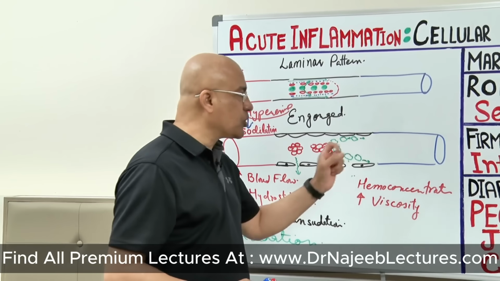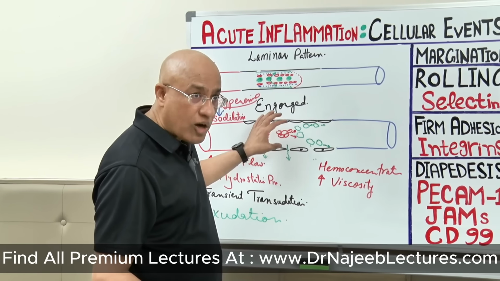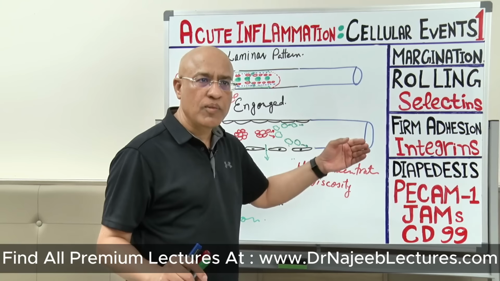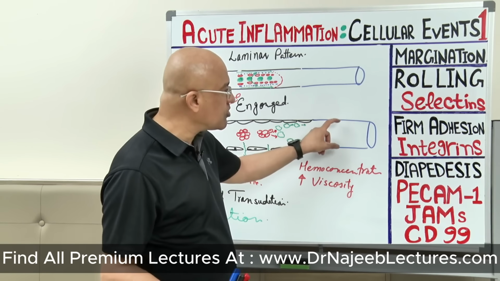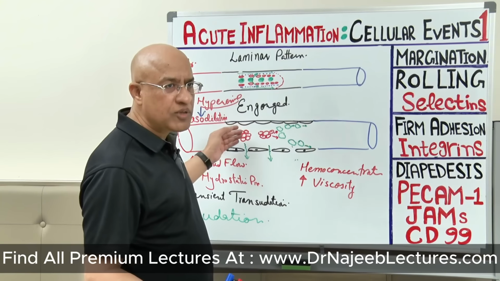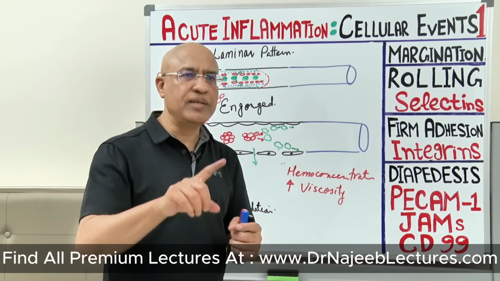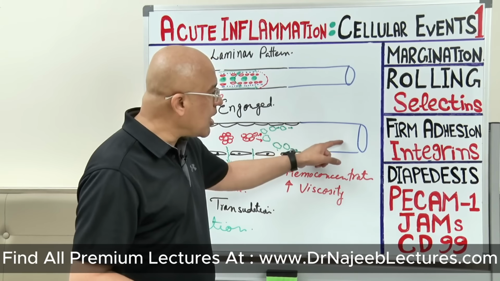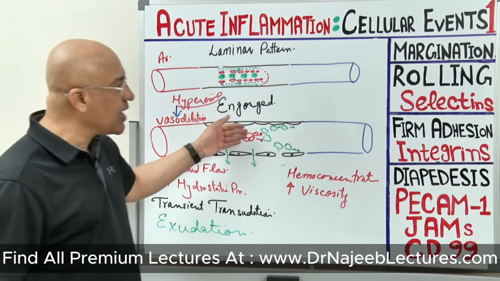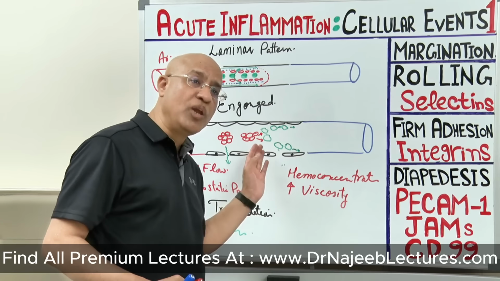But if in some tissue microcirculation engorgement is primarily due to decreased outflow, for example, if there is some venous obstruction. Here there is not physical venous obstruction, here it is viscosity and hemoconcentration. But just imagine that if in some tissue there is outflow obstruction, blood is coming here but unable to leave properly, and blood starts accumulating here.